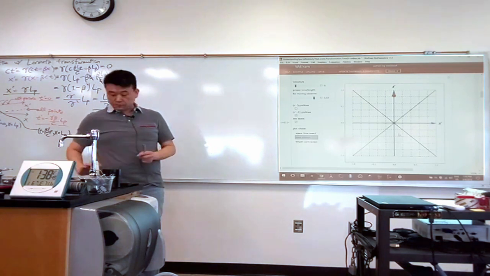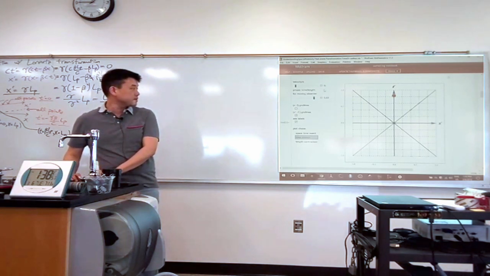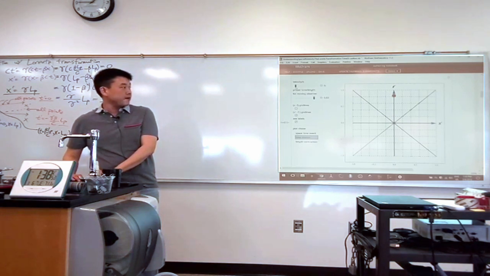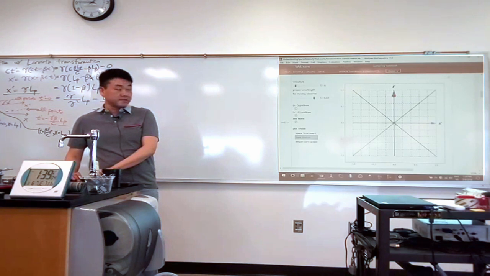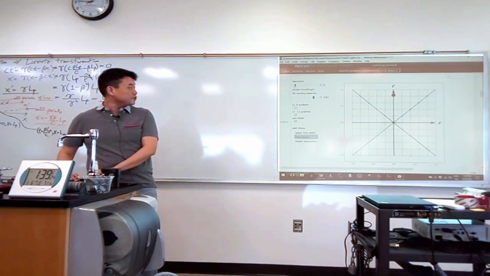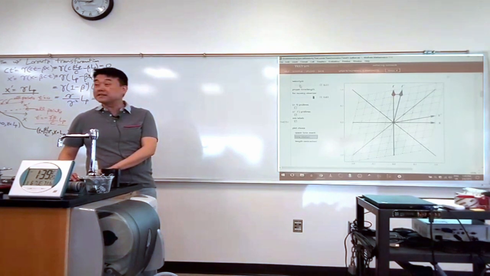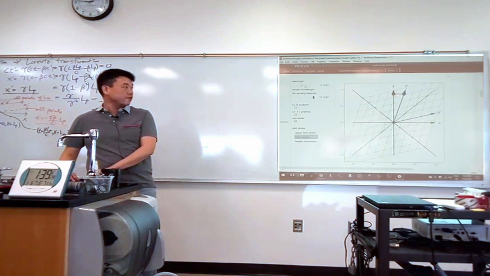And when you imagine looking at this as a reference frame that's moving relative to where this event is happening, at the same location as x equal to 0, the blue dot represents the moving clock.